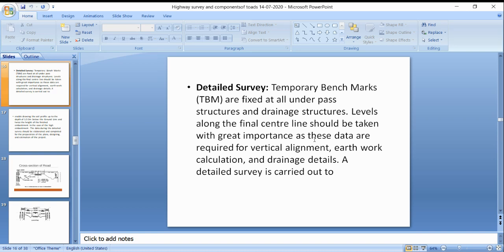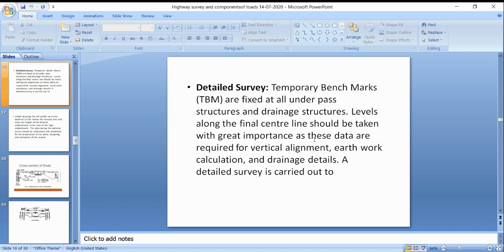We found whether any valleys, ponds or hills are there. We find two or three alternate routes on the topographic map itself. Next comes the reconnaissance survey.